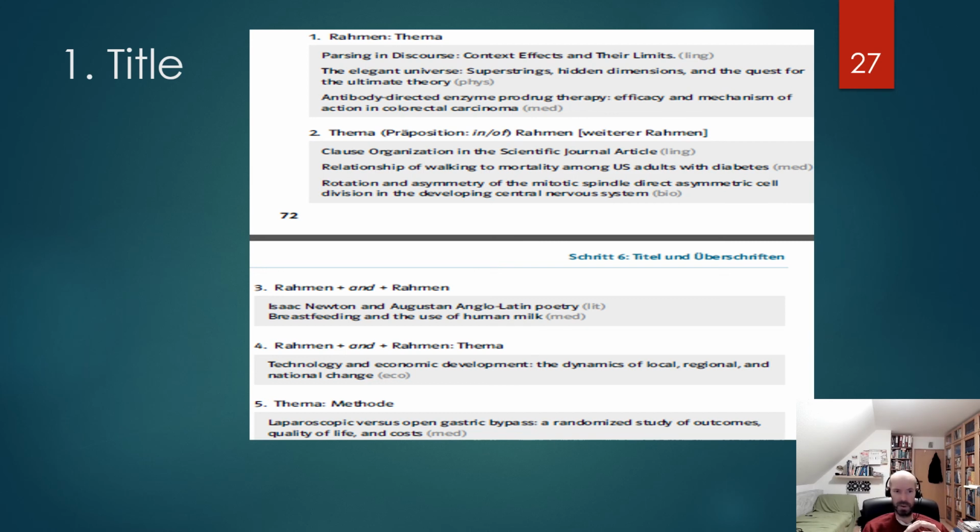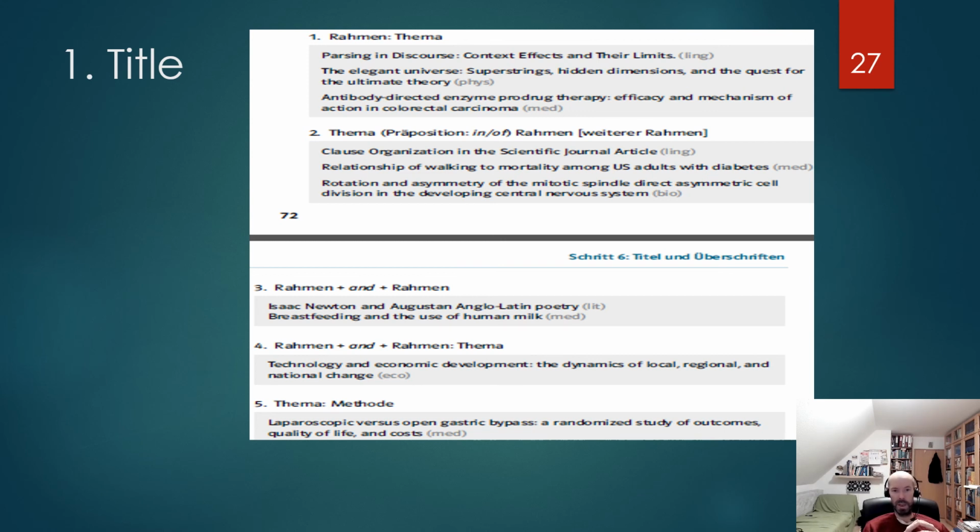A third option is to use frame plus and plus frame, Isaac Newton and Augustine Anglo-Latin poetry, or breastfeeding and the use of human milk, or frame plus and plus frame theme, technology and economic development, the dynamics of local, regional and national change, or theme method.